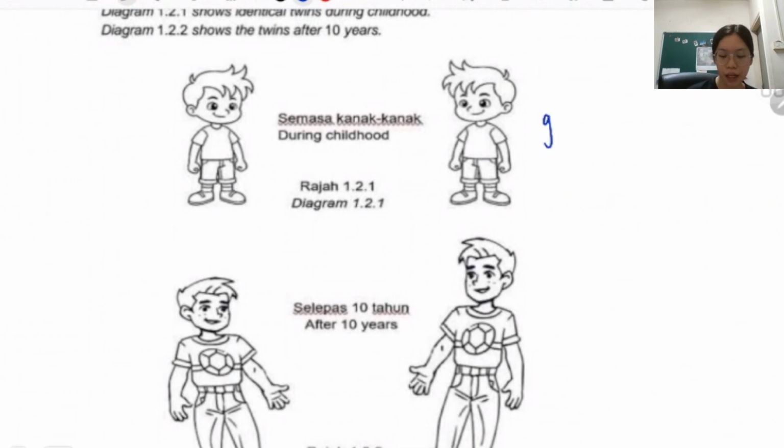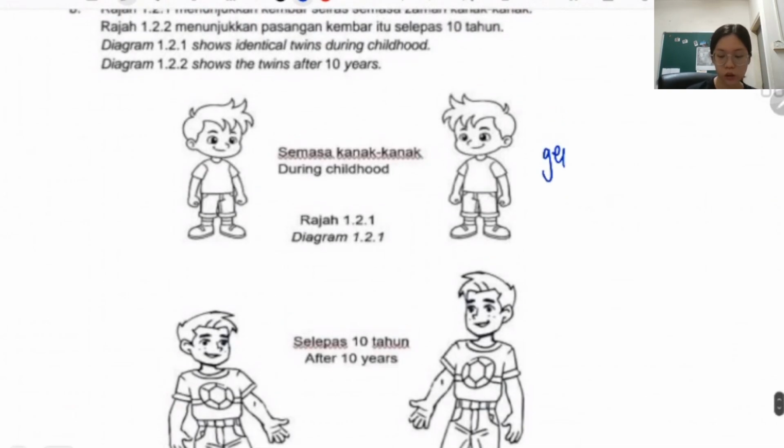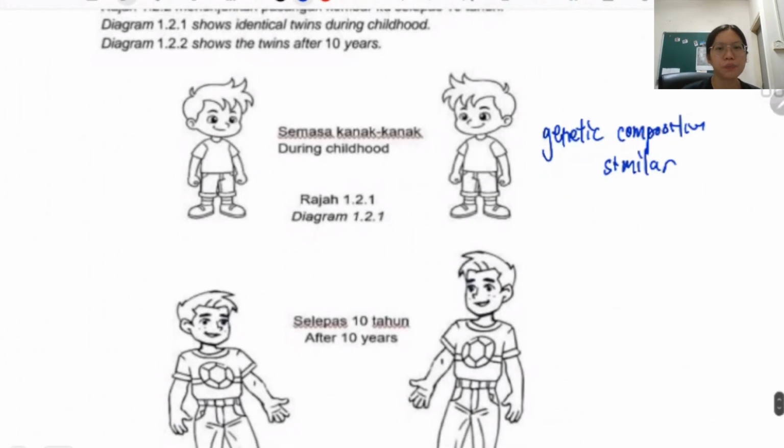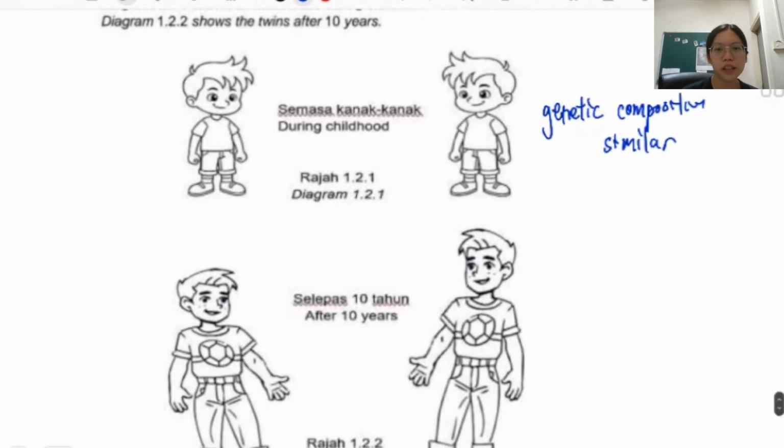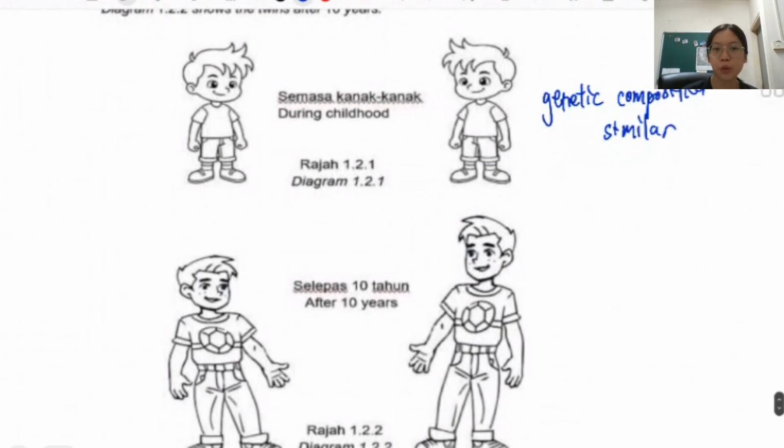Both of them are identical twins, so their genetic composition are super similar since they are identical twins, right? Okay, but after 10 years, one of them ends up so tall, another one is so short.